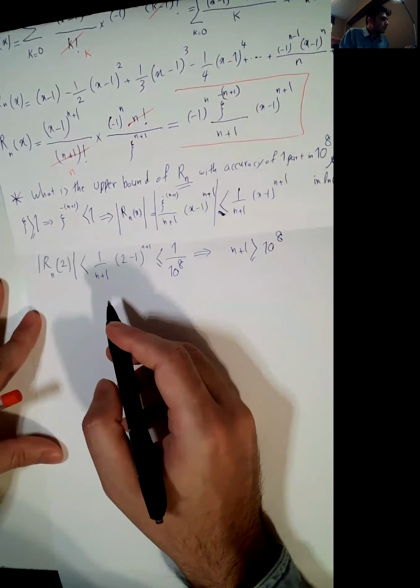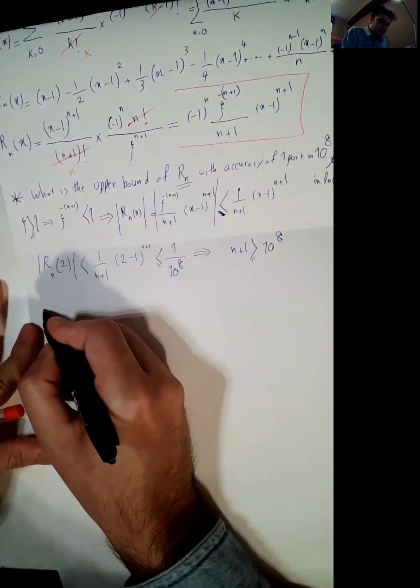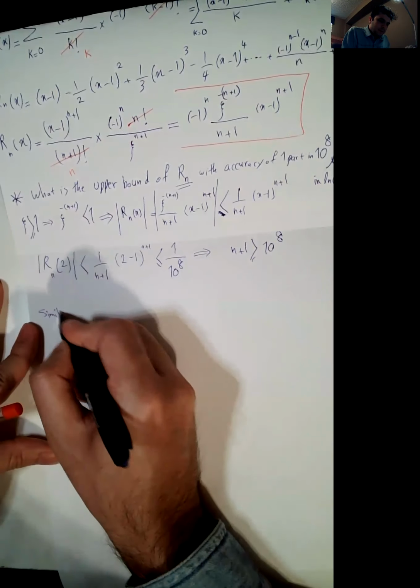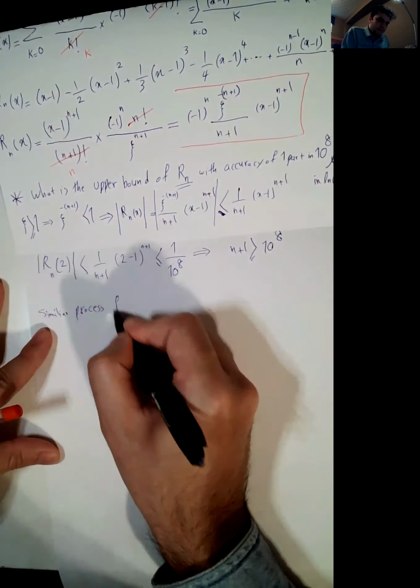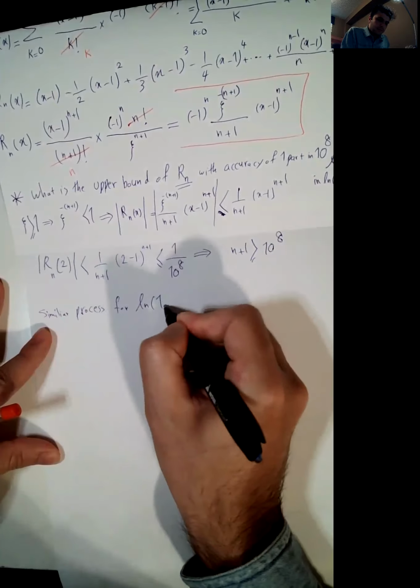So what is the similar step, similar process for ln 1.5?